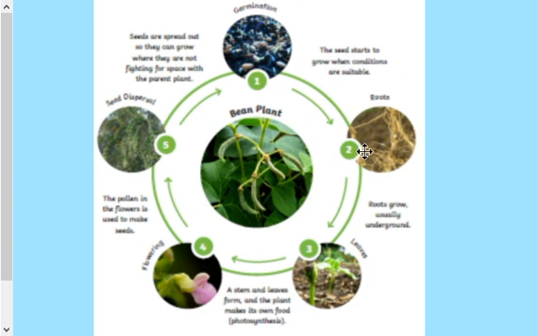Step two, we've just covered there, where the plant puts out roots. And then as the shoots grow, we move into step three, which is where leaves start to grow. And also at the top of the stem, as the plant grows, a bud will start to appear.